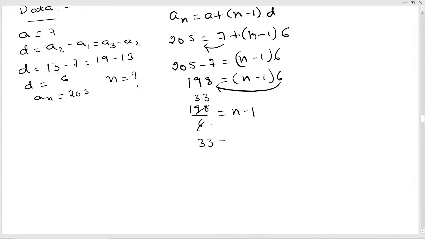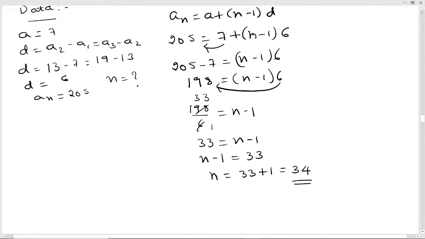So 33 equals n minus 1. Now I'll write this in reverse: n minus 1 equals 33. So n equals 33 plus 1, sending minus 1 to the right hand side, it becomes plus. So 33 plus 1 is 34. So the answer is 34.